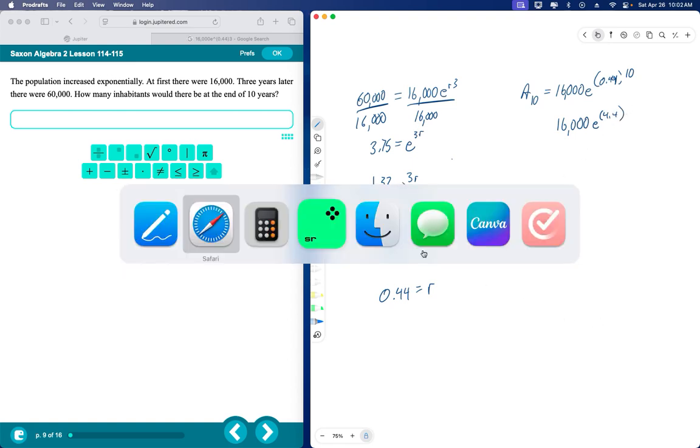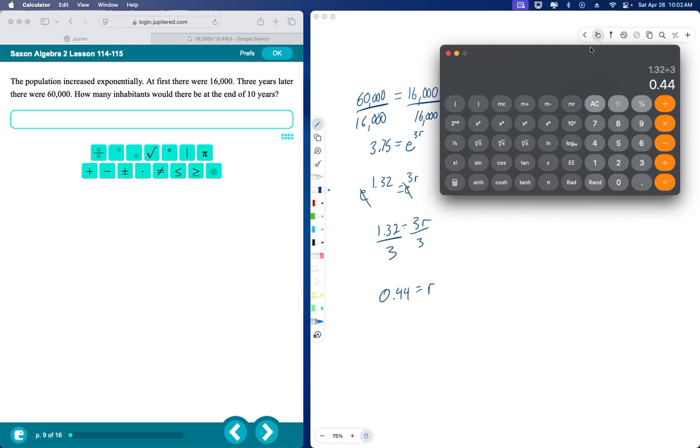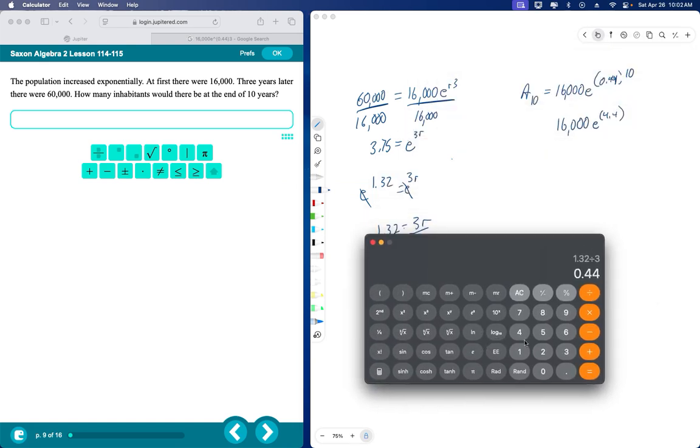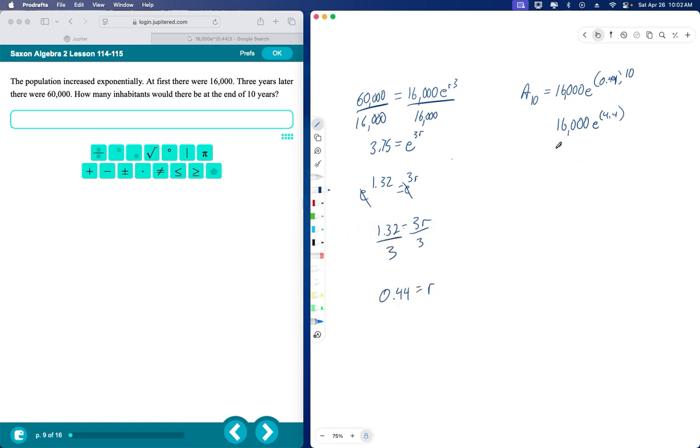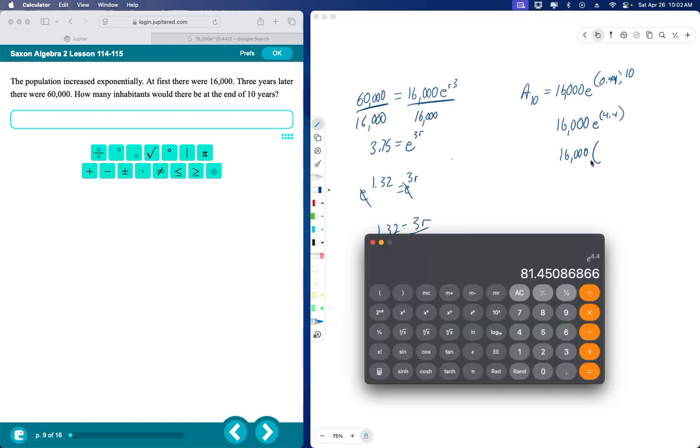So e to the 4.4 power is going to be, we hit 4.4 and then we do our e, that gives us a power there. We're going to round it to 2 places because that's what he has been doing in the book, which would be 81.45.